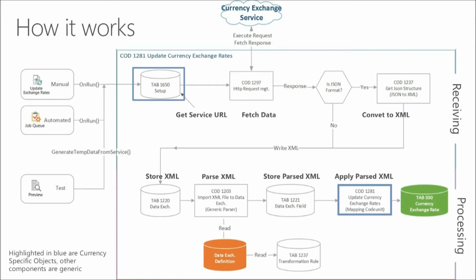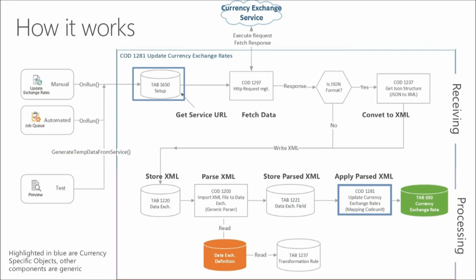Now, the parsing part is done by the generic parser first. The generic parser is going to read the definition, which is connected to the text transformation rules. Then it is going to store the parsed XML in the data exchange fields. And then we will call a custom mapping codeunit that we have written to transfer the data into the currency exchange rates table. We needed the custom codeunit because we also wanted to have the preview.